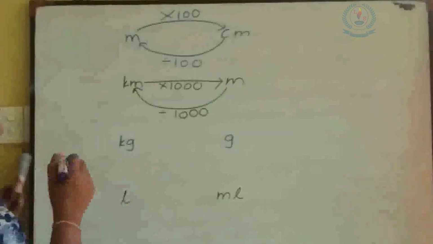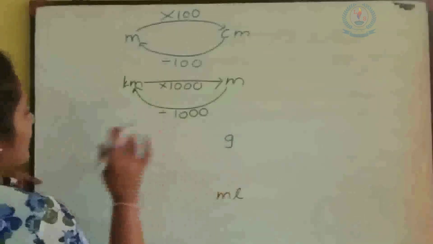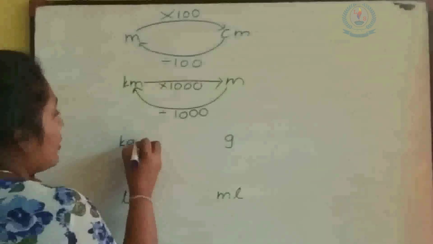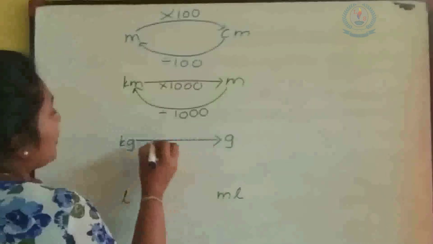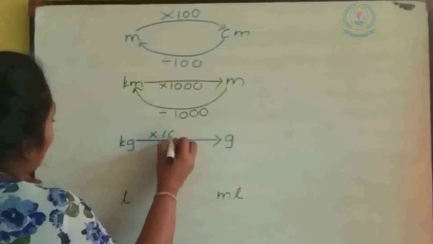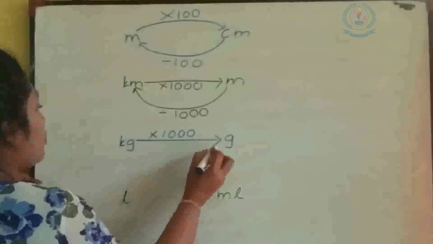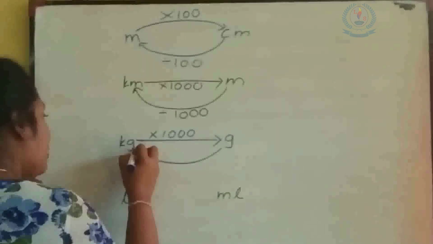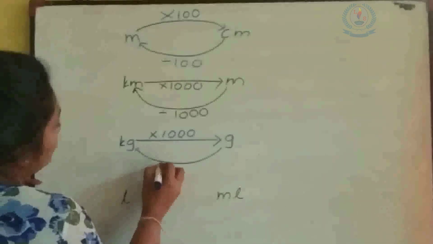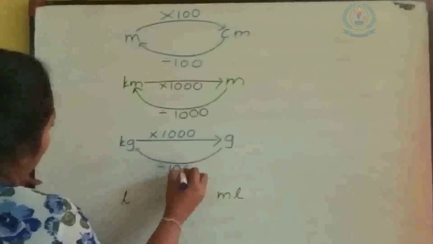Then next, the relationship between kilograms and grams. To convert a kilogram value into grams, we need to multiply by 1000. To convert a grams value into a kilograms value, we need to divide by 1000.